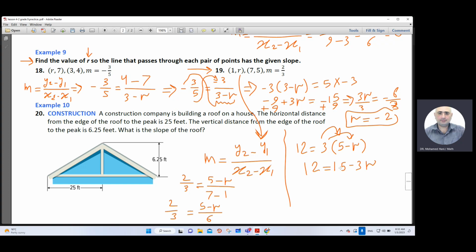Then try to remove 15 from this side. So negative 15 here and negative 15 here. So it means here negative 3r, and here 12 minus 15 will be minus 3. Then divide the two sides by negative 3. So r equals 1. So the value of r will be 1.